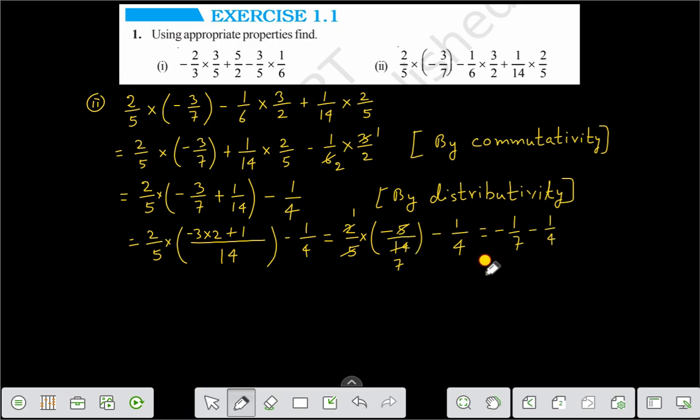If we take the LCM, it will be 4 7s are 28, so we get minus 4 minus 7, that is minus 11 by 28. Here we have used two rules, commutativity of rational numbers and distributivity of rational numbers. Minus 11 by 28 is the answer.